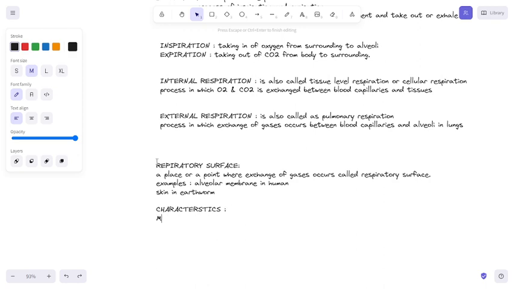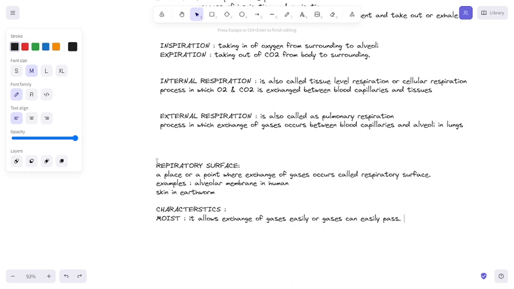The first characteristic we have is moist. Why is it necessary for the respiratory surface to be moist? Because it allows exchange of gases easily, or gases can easily pass.